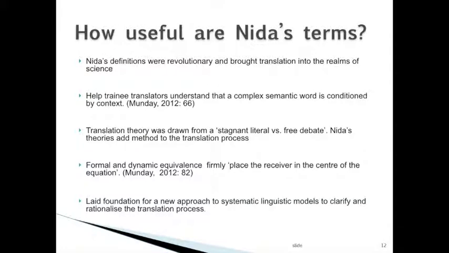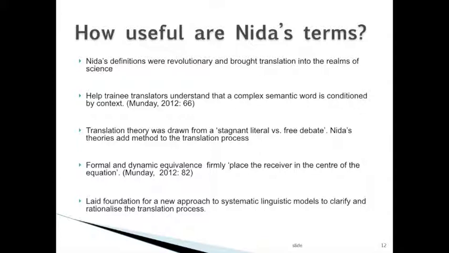So how useful are Nida's terms? After centuries of debate, confusion, and lack of clarity, the introduction of Nida's terms brought translation into the more systematic realm of science. Translation theory was drawn from a stagnant, literal versus free debate, and his theories added method to the translation process.